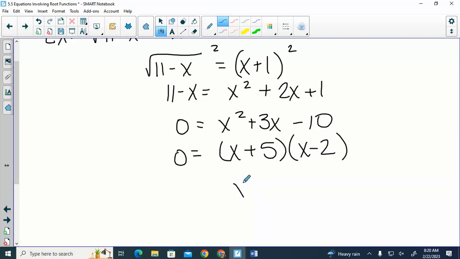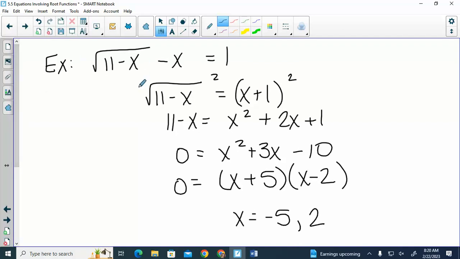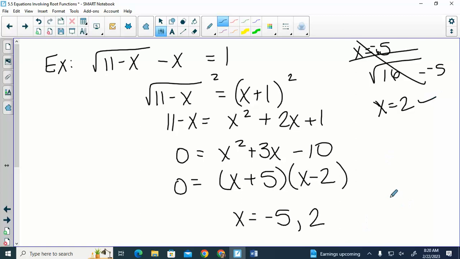Set those equal to 0. We get negative 5 and positive 2. If you plug in the negative 5, you get 16 minus negative 5, so that doesn't work. But the 2 does work. So 2 is our only solution.